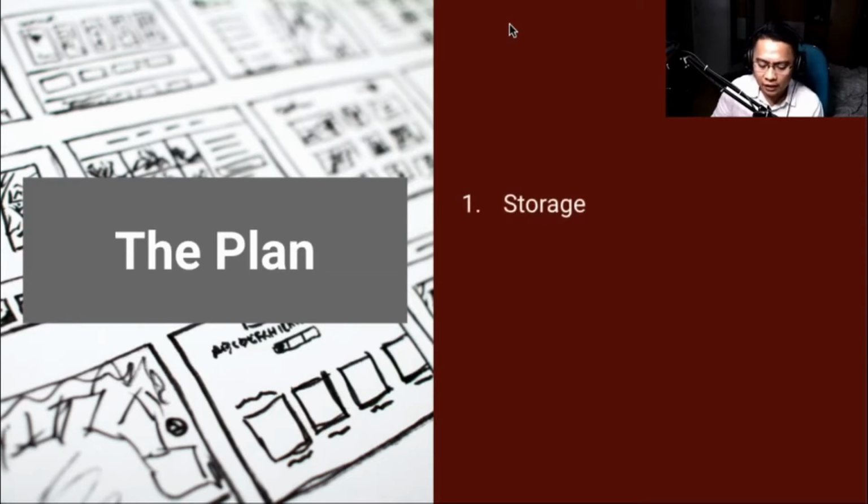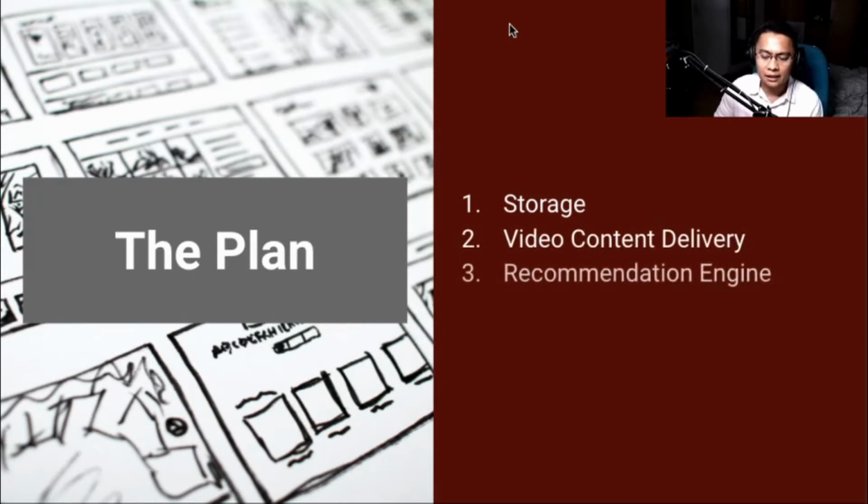First, we need to answer the question of how much storage we need and what kind of storage we're gonna use. Second, how we're gonna deliver our content. Third, how we're gonna create the recommendation engine.